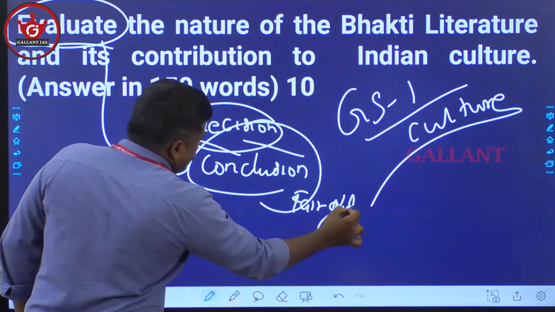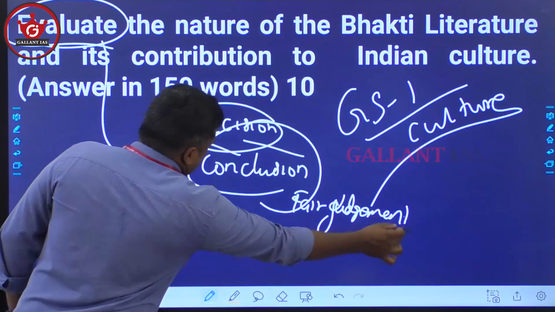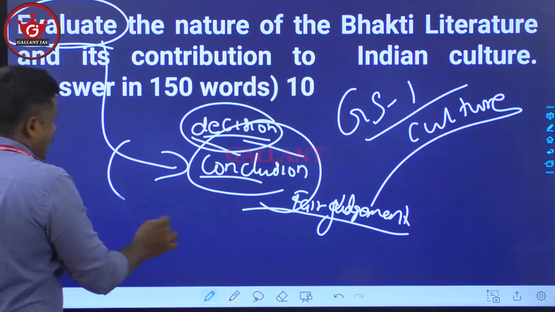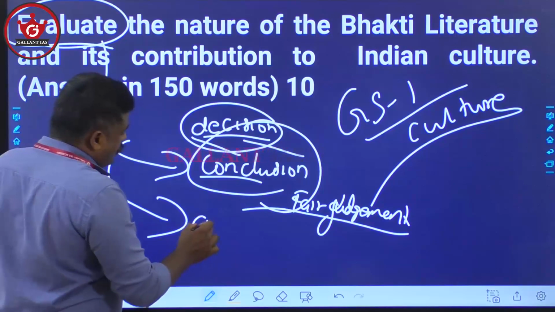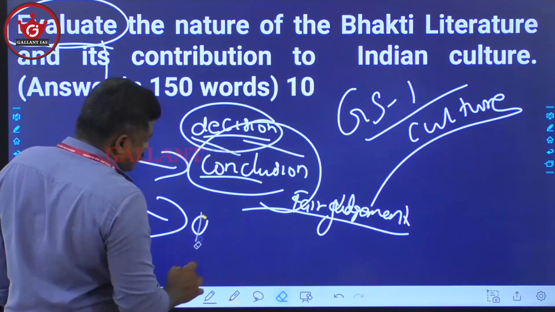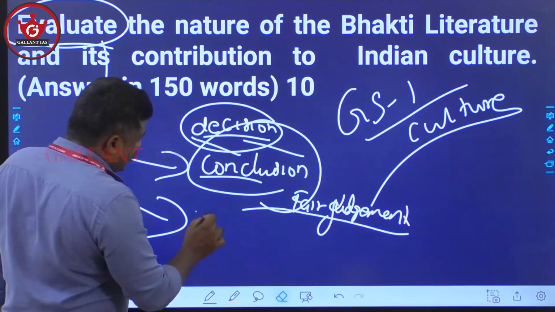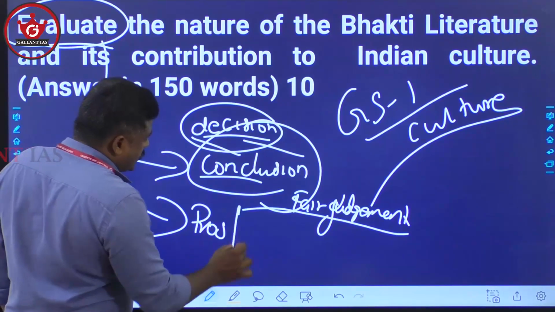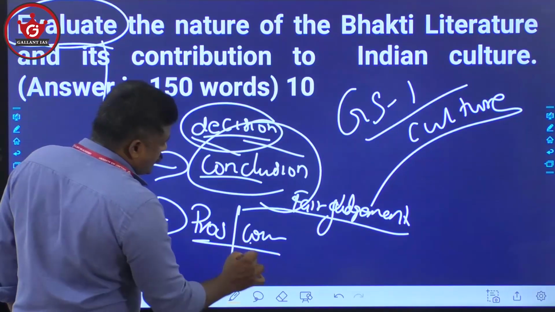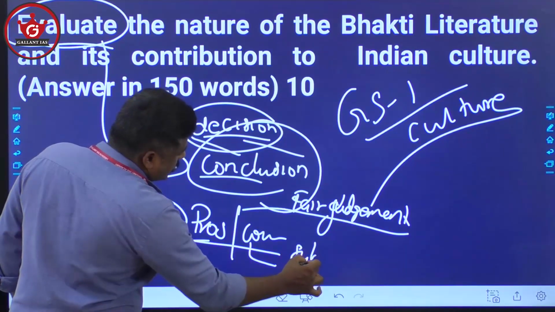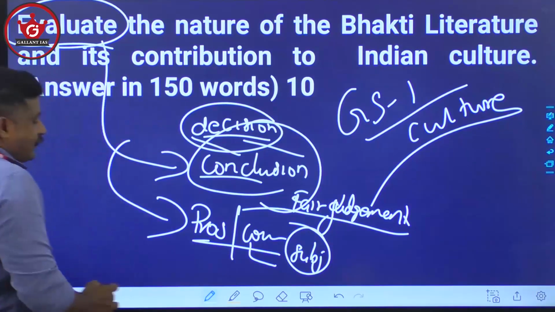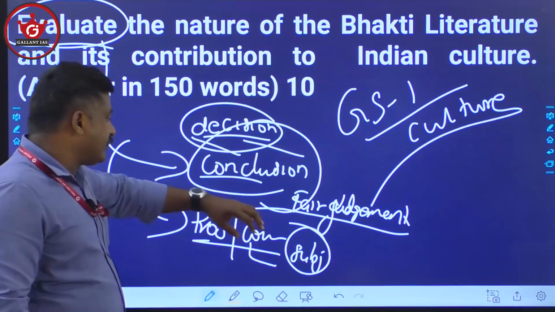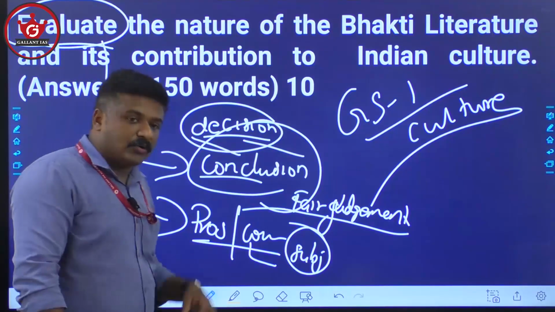After a closer analysis of the pros and cons of the given subject, you come up with a fair conclusion, a fair judgment.